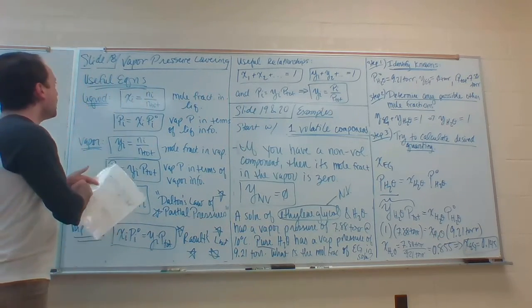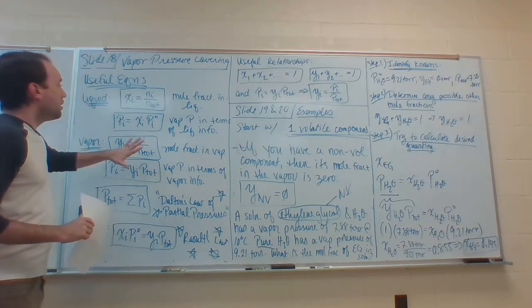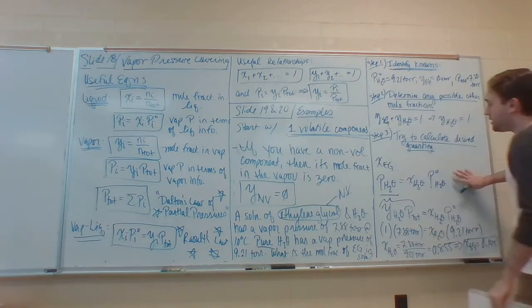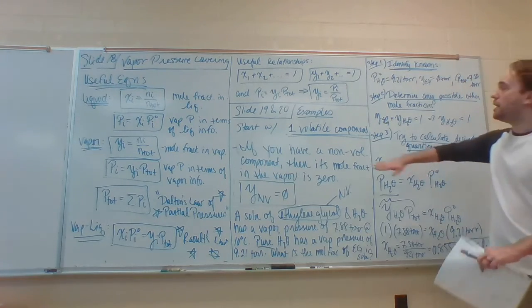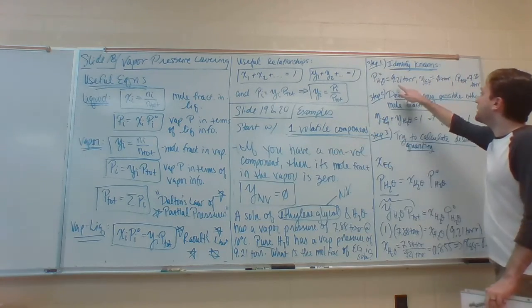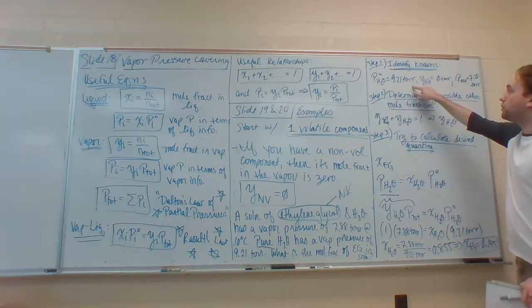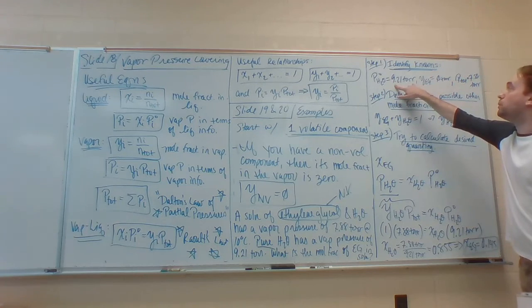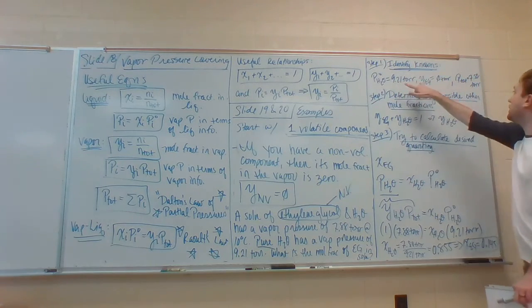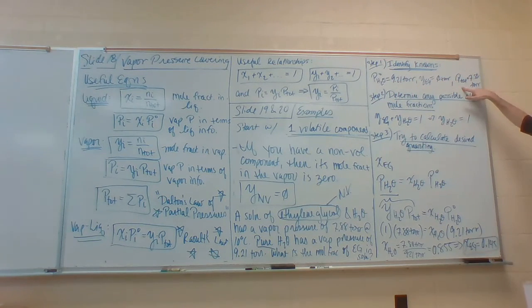That's going to be how we determine vapor pressure lowering. Now, one thing that I wanted to note is the reason that's called vapor pressure lowering is that if you have some non-volatile components, notice how our pure component vapor pressure was 9.21. But because we had a component that didn't go into the vapor, it actually lowered our total vapor pressure.